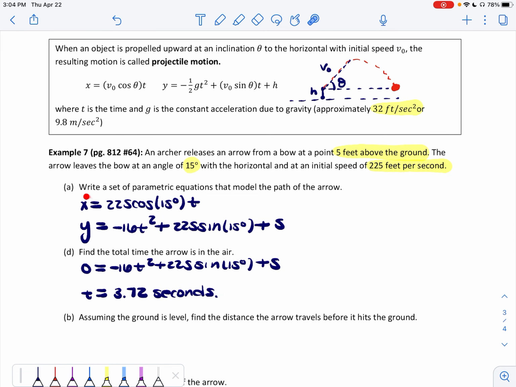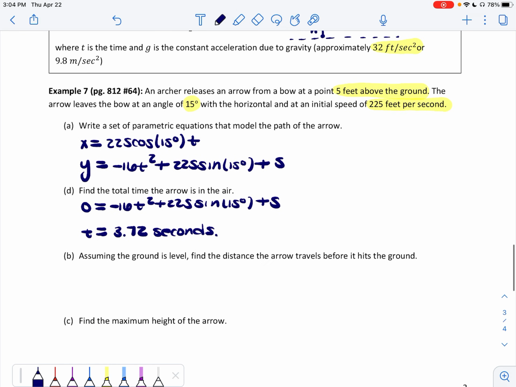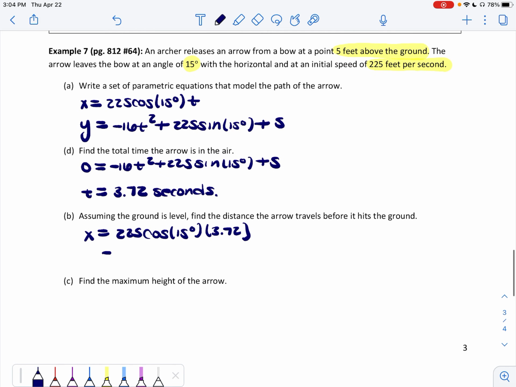So that would be looking for the x, the horizontal distance at 3.72 seconds. So for our x, we're just going to plug in the 3.72 for t, plug that into our calculator, and we're going to get 809.26 feet.